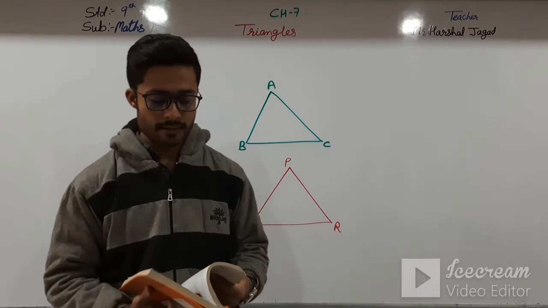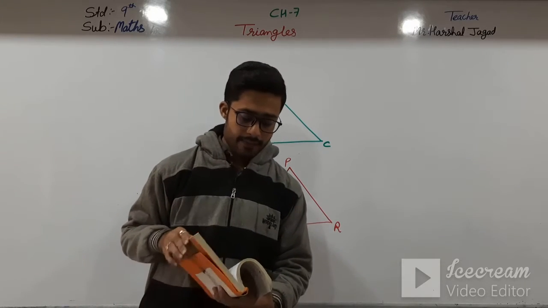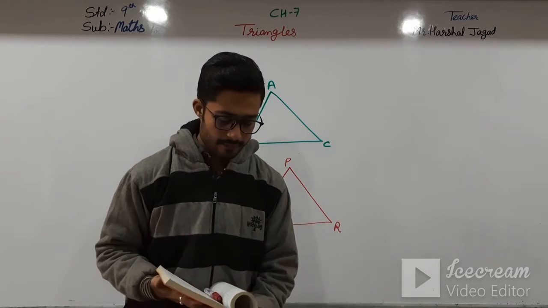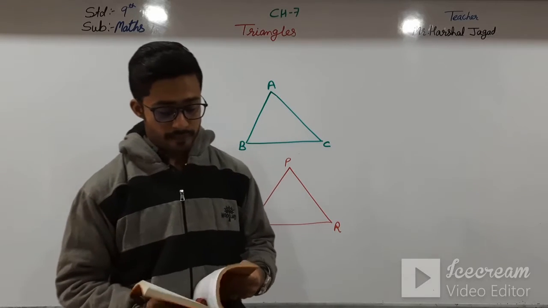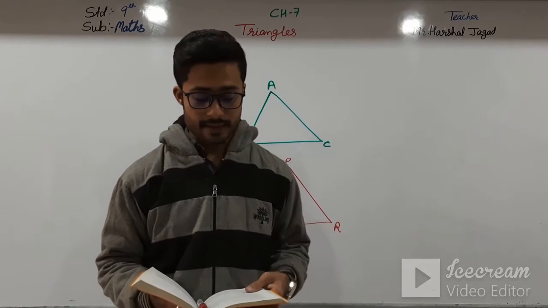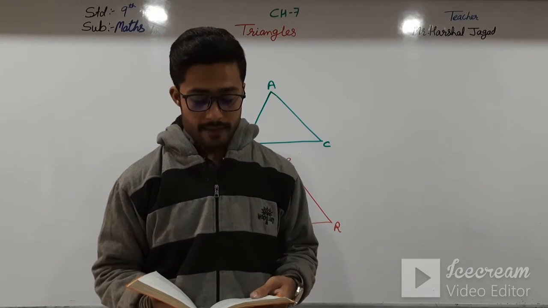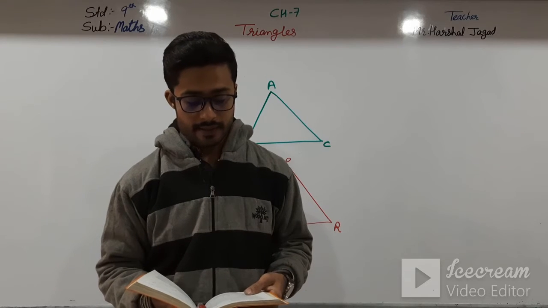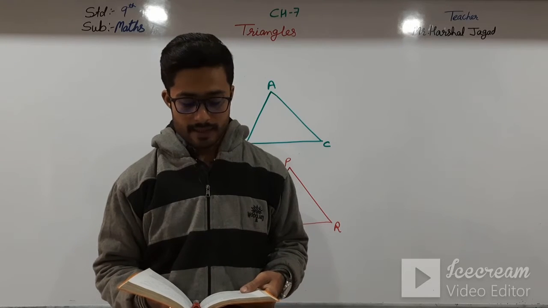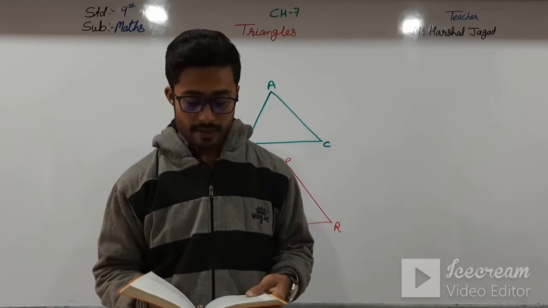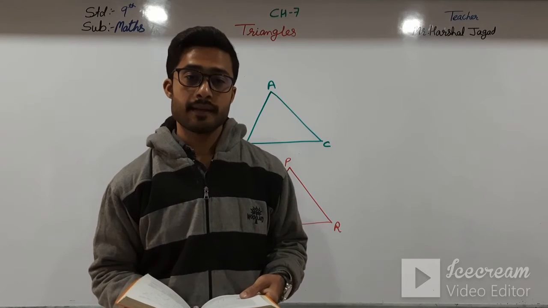Then we repeat this activity by placing one square on another with sides of the same measure, or by placing two equilateral triangles of equal sides on each other. You will observe that the squares are congruent to each other and so are the equilateral triangles.